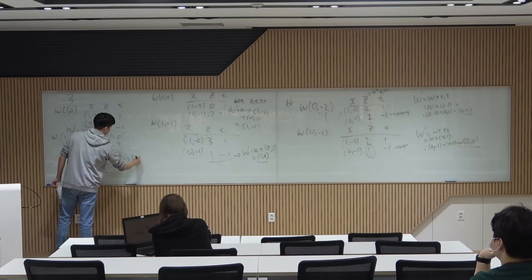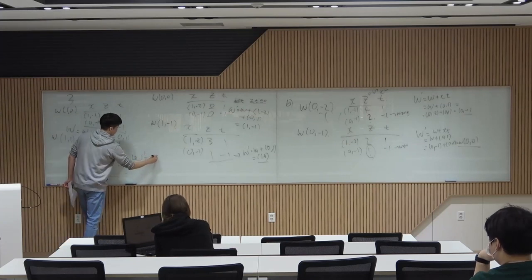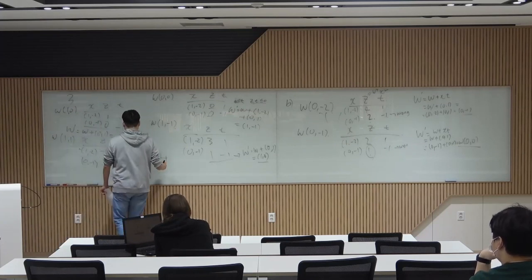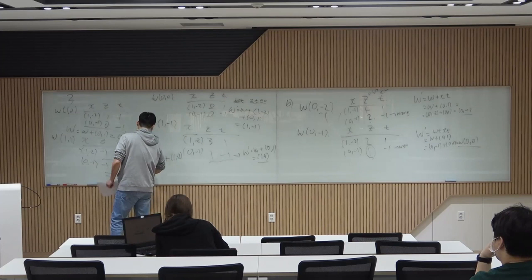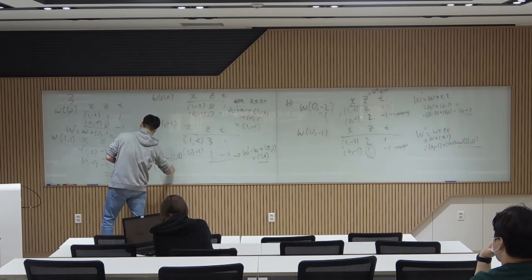So we need to update the weight for this training example, which gives us W dash is equal to W plus 1, negative 2. And this gives us 2, negative 1, okay?